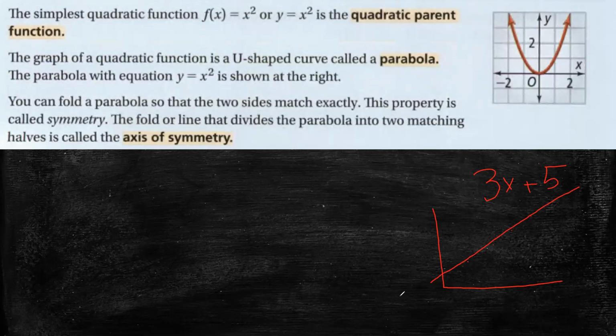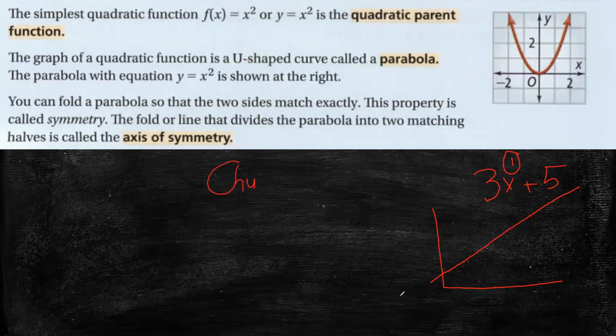If you connect the points, you graph a line. That's why we call them linear, because its graph is a line.